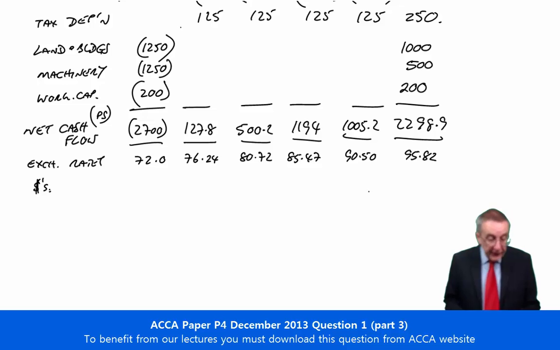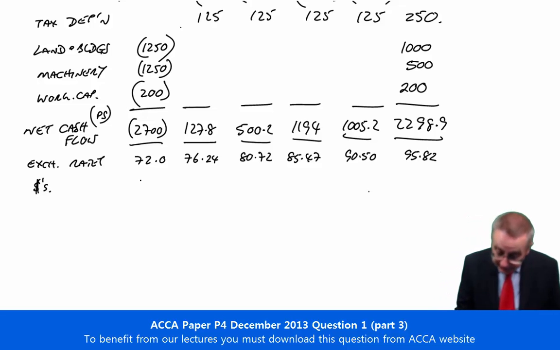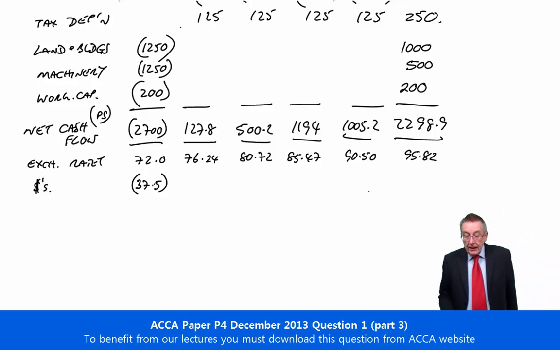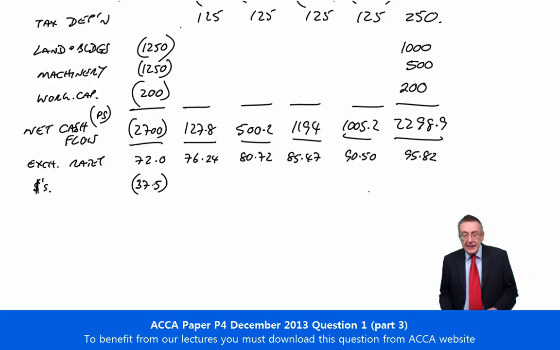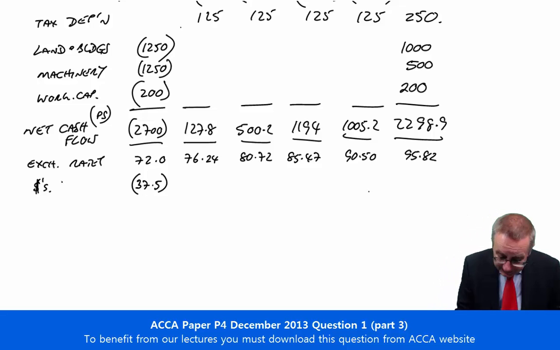I get 37.5. And state the fact that it's millions. There were millions of pesos, and therefore I'm dividing by 72. Again, these are millions.